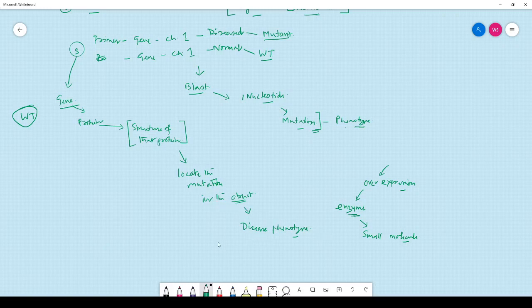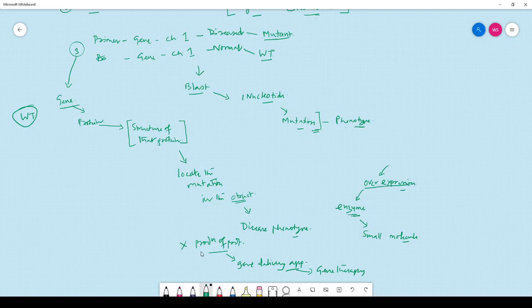And suppose the mutation results in no or zero production of protein, then we can try a gene delivery approach to replace the defective protein, and that would be gene therapy. Okay, so what we are saying is the mutation can result in two things, either overexpression or underexpression.